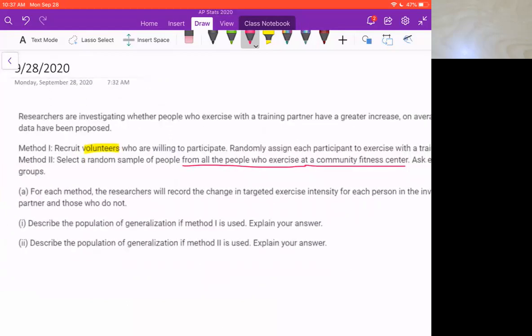We took a random sample from all the people who exercise at this particular community fitness center. Okay, so a random sample, or any kind of sample, however it is getting generated, volunteer, random sample, whatever, it does come from a larger population. It's the population that we're hopefully trying to generalize to.